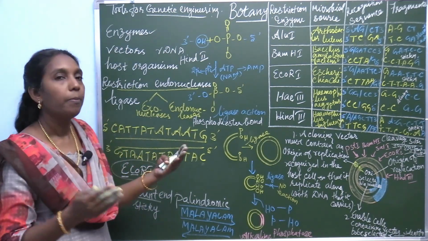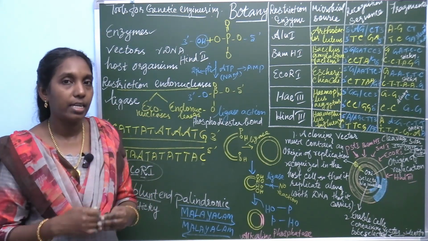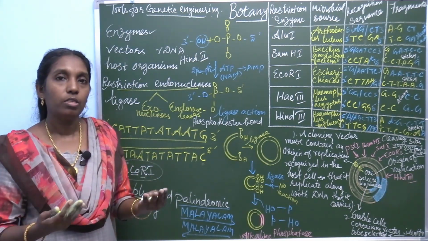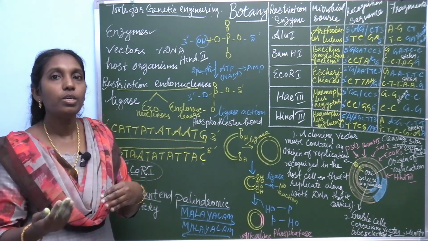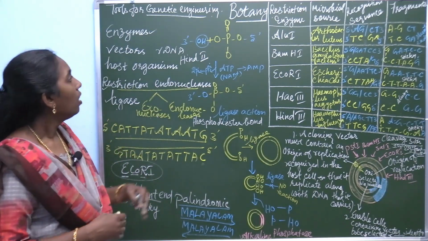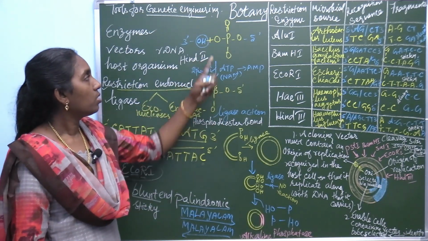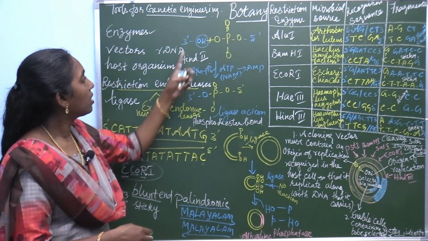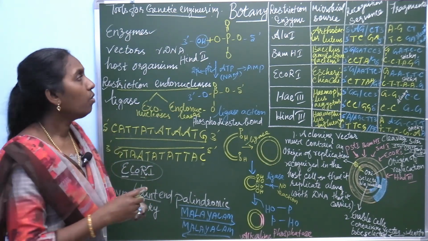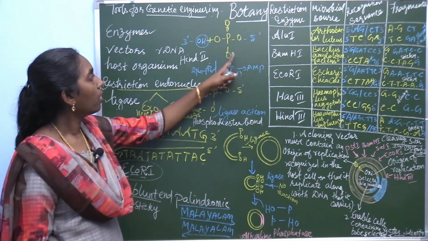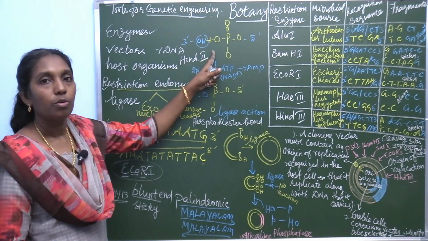Now, ligase, what is the use of ligase enzyme? You know that ligase enzyme joins the sugar and phosphate group. Look at this, here the sugar and phosphate group, PO4 and OH.